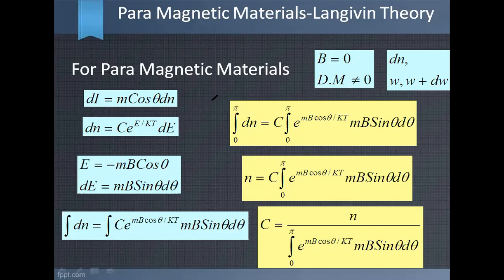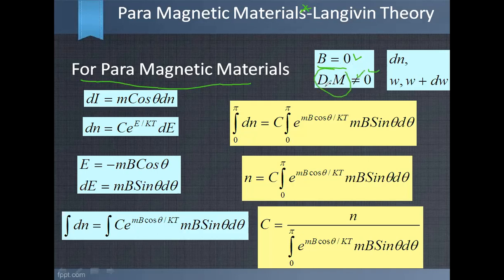So what I'm trying to say is, today we're working on the paramagnetic material, especially Langevin theory. The compulsory question they're going to ask is the Langevin theory of paramagnetic materials. When I want to explain the paramagnetic material, I would write B is equal to 0, dipole moment is not equal to 0. Even in the absence of a magnetic field, you might have a small amount of dipole moment.